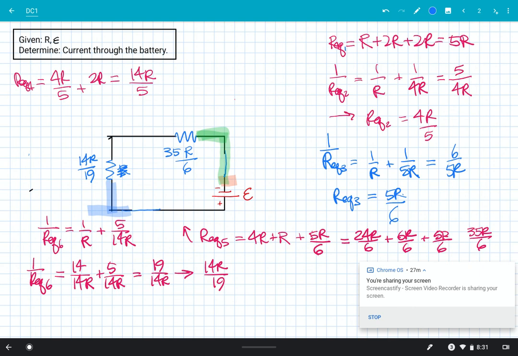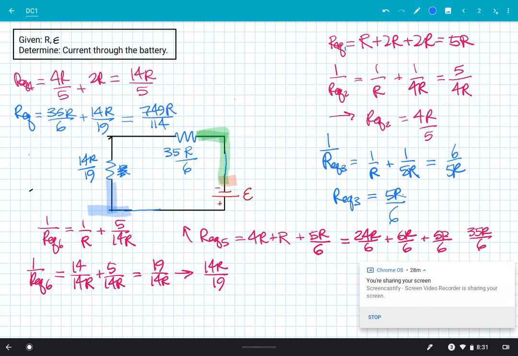So my final R equivalent here, I'll just call that R equivalent with no subscript. That's going to be 35R over 6 plus 14R over 19. And you've got to do some common denominator work in there, but you'll get 749R over 114 here.